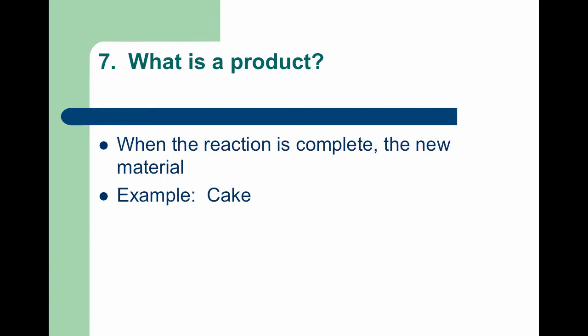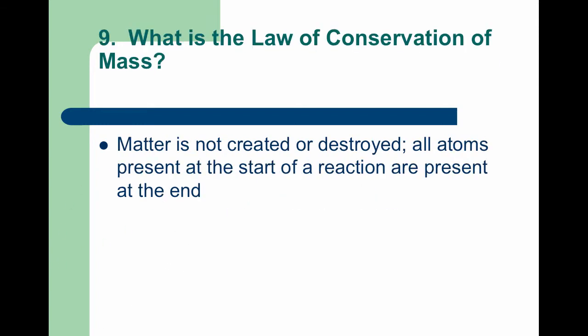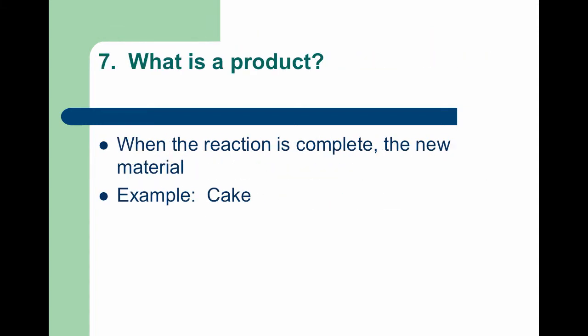Another example: if I have H2, my screen keeps wanting to change, sorry about that. If I have H2 plus O2, then that's going to yield H2O2, which is hydrogen peroxide.